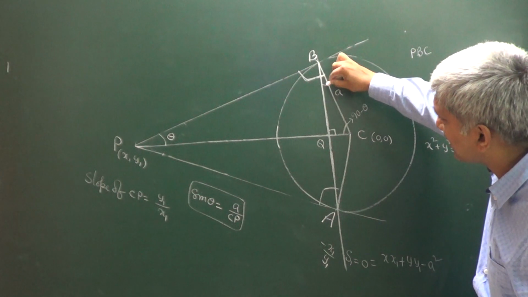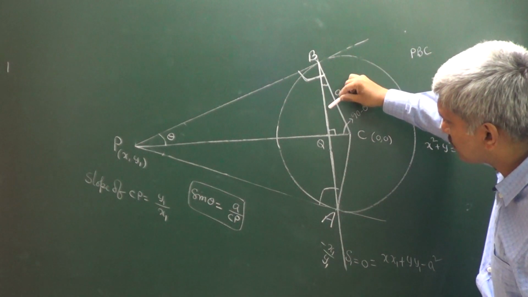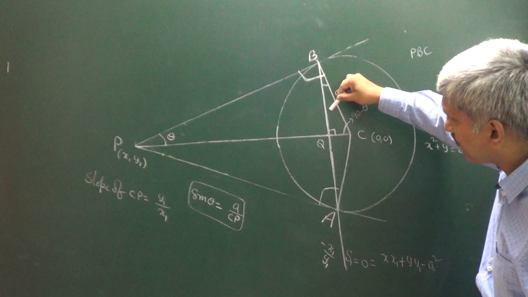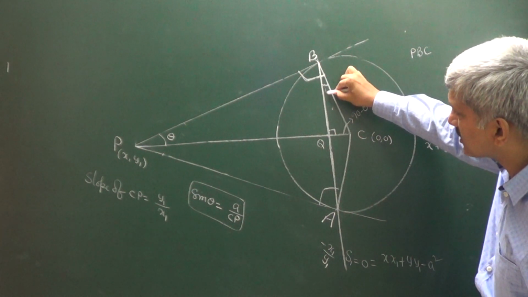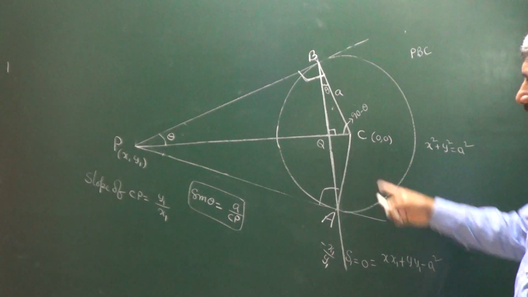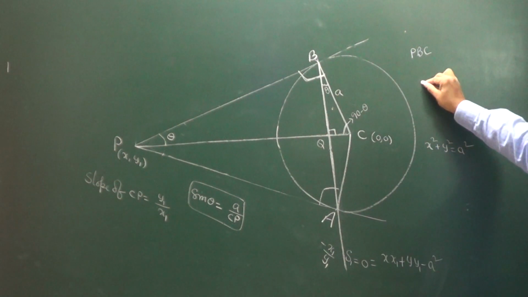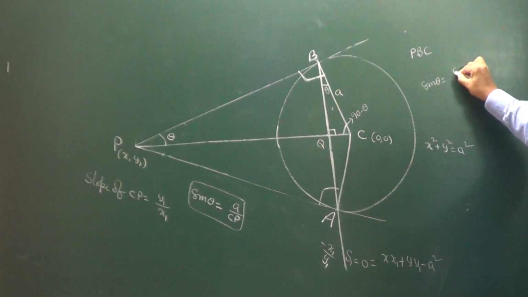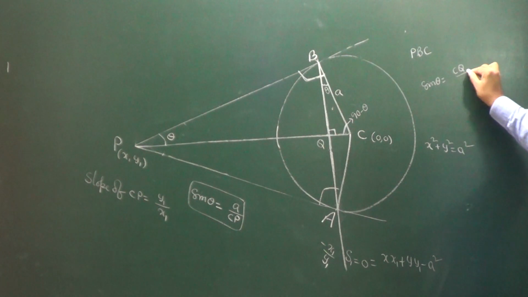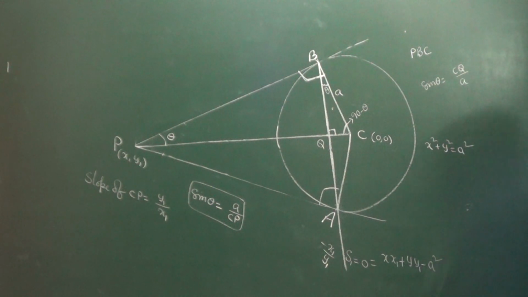What about this angle? Just observe this triangle BQC. In this triangle this angle must be theta. Now again observe there, from that we will get sin theta is equal to CQ divided by A, right?